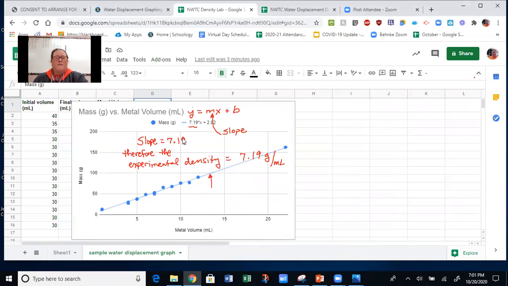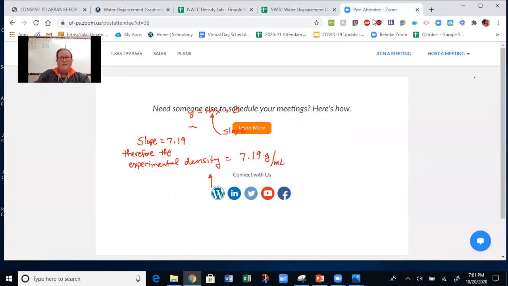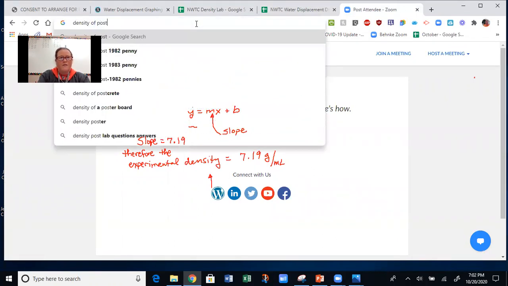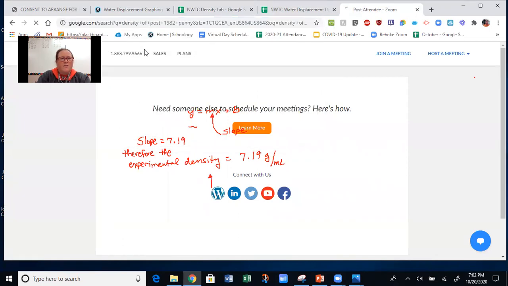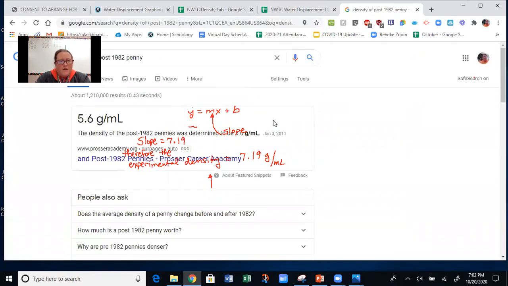This data set was for a set of pennies that were made after 1982. So they are pennies that contain mostly zinc with a copper coating. Because I don't remember, I think it's 5.6.